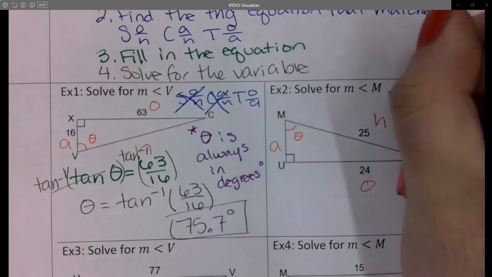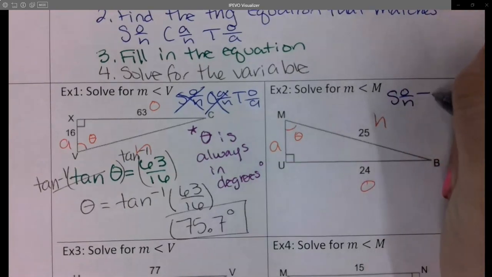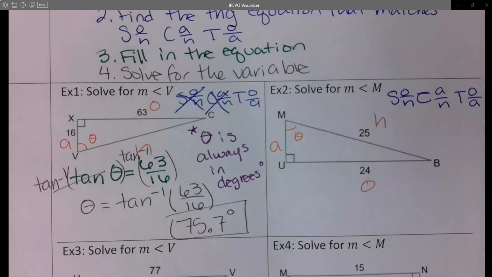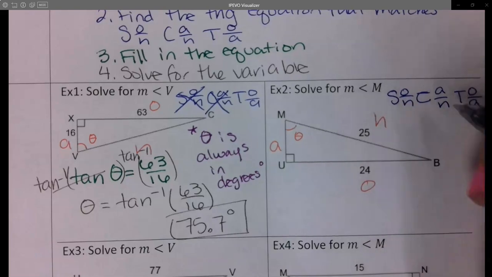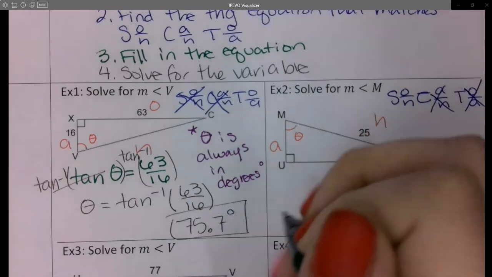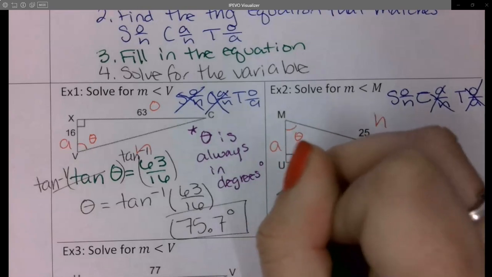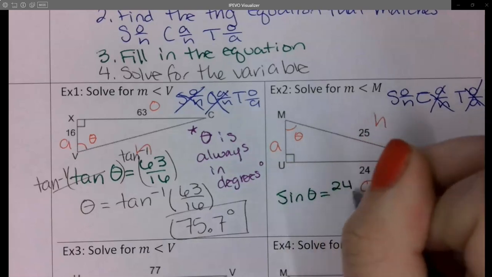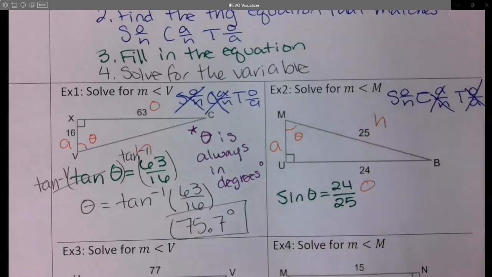So then I want to figure out which trig function this matches up to. So what letters do I have here with numbers? H and O. So H and O, that is my first one. So sine is the one I want to use here. I'm going to have sine of theta equals opposite is 24, hypotenuse is 25.